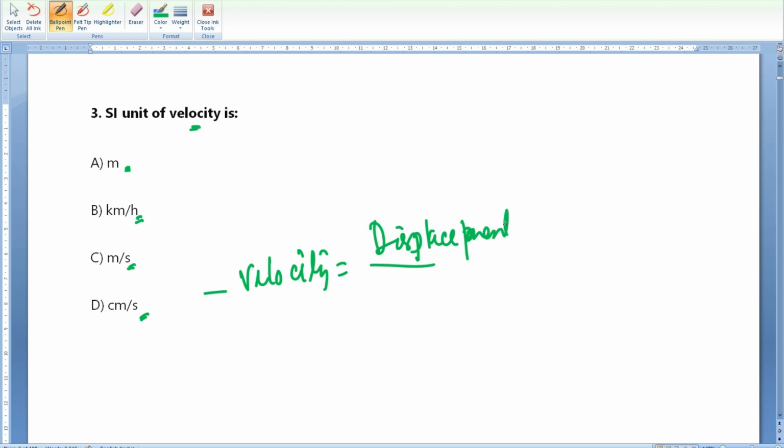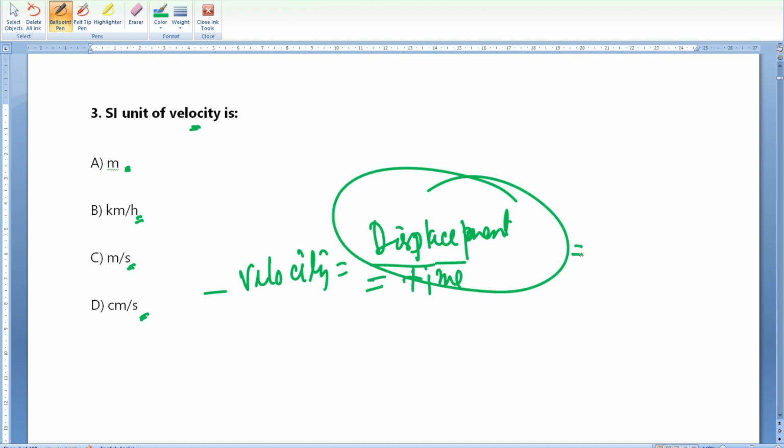The SI unit of displacement is meter and the SI unit of time is second. So meter per second is the correct answer for the SI unit of velocity.